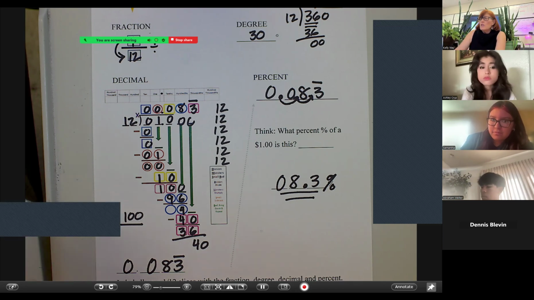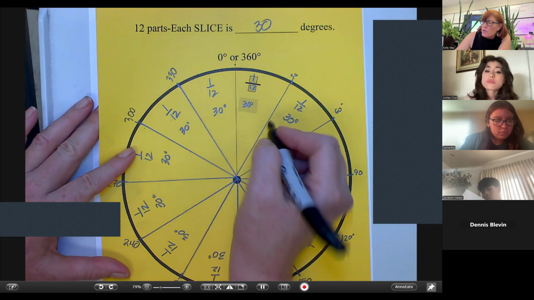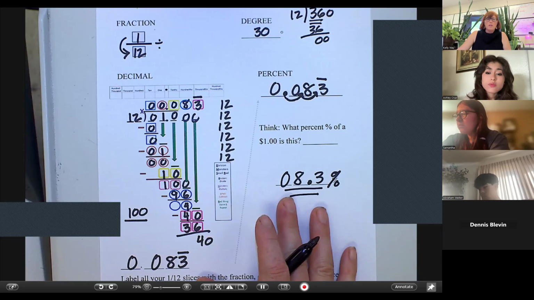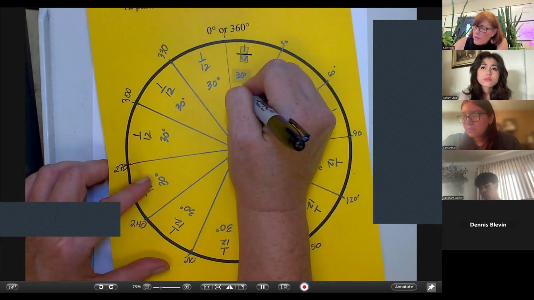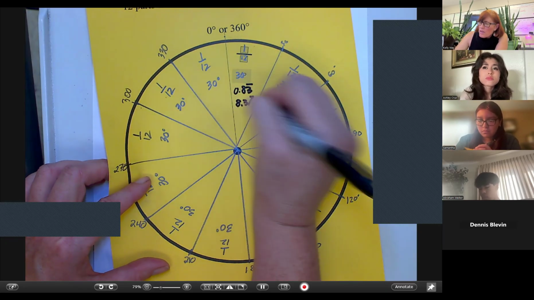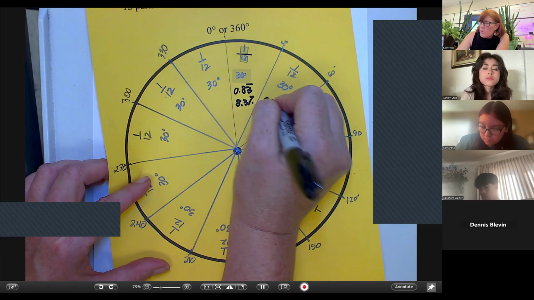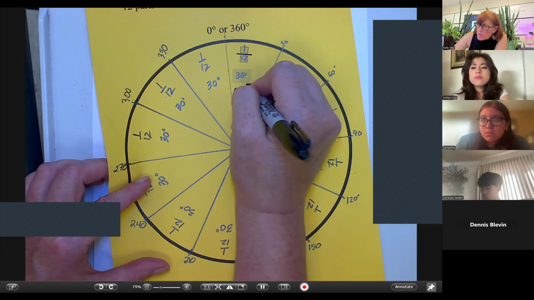You are? Okay. So if you have your fraction circles, you're now putting this on every single fraction circle, and the decimal is 0.83 repeating, or 8.3%. Oh, there's an extra zero there. Excuse me, it's a little hard to squeeze in here.